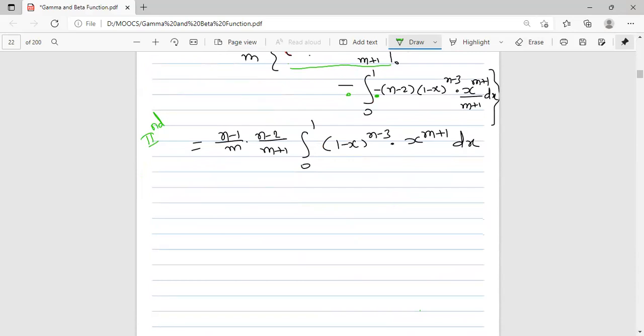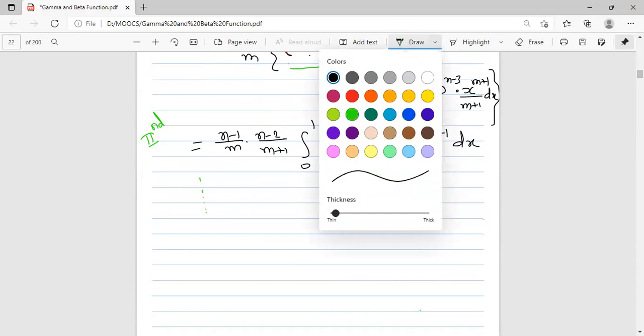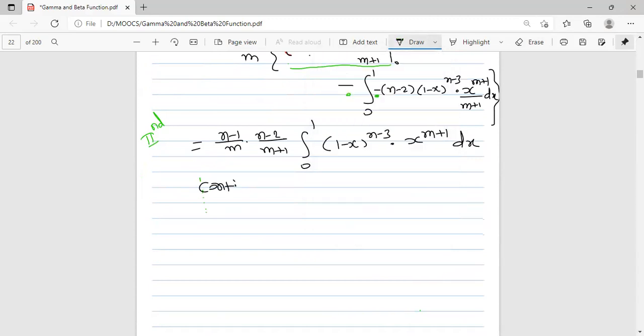Then what will be your generalization? Continuing this process, we have to apply the derivative n minus 1 times.